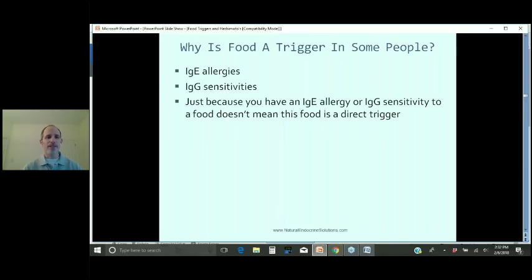Not as common, but if someone has an IgG sensitivity to broccoli or asparagus or a healthier food, this doesn't mean that this food is a trigger. Now, if you're eating that food, it probably is causing inflammation, so it doesn't mean that you could safely eat that food. But as far as it being a direct trigger of Hashimoto's, not necessarily.